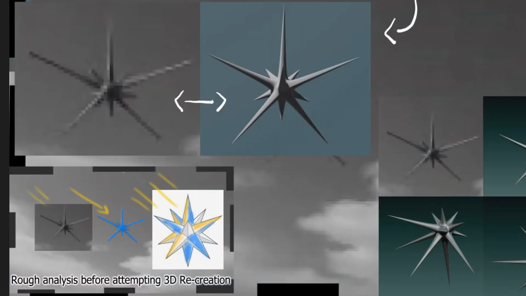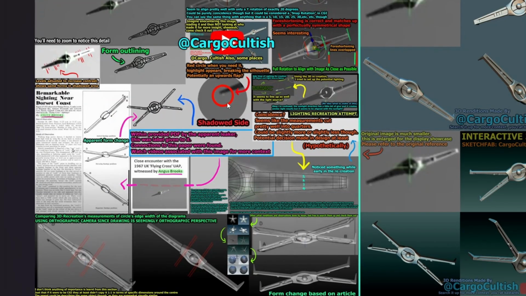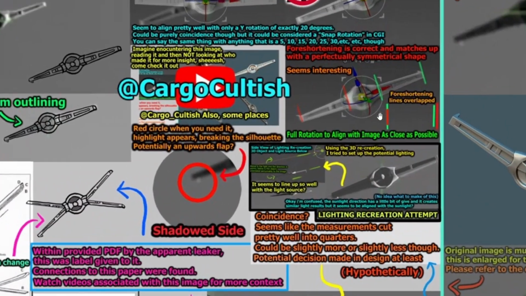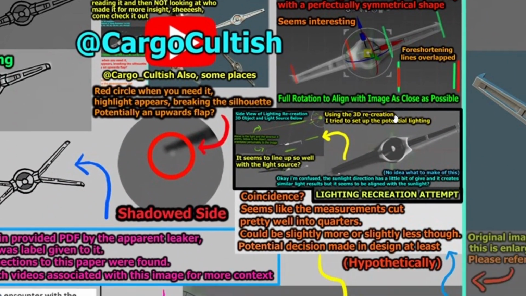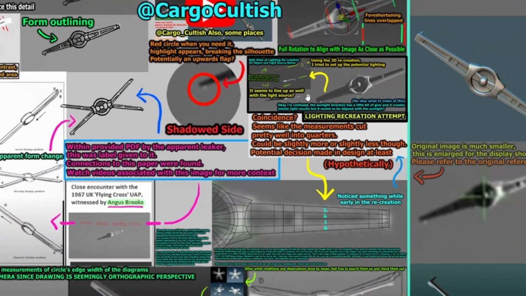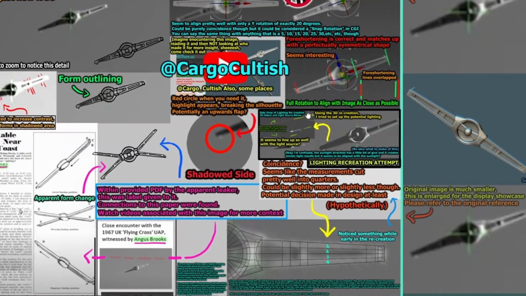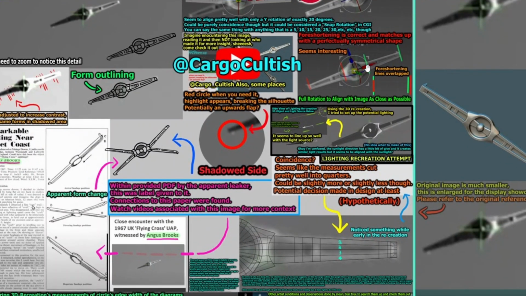Then the flying cross one is a perfectly symmetrical rendition of it, and it matched up correctly with foreshortening. I made a very long video on it, but the lighting's also seemingly correct.